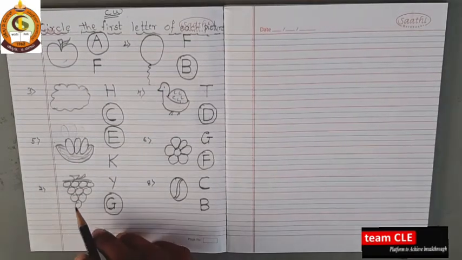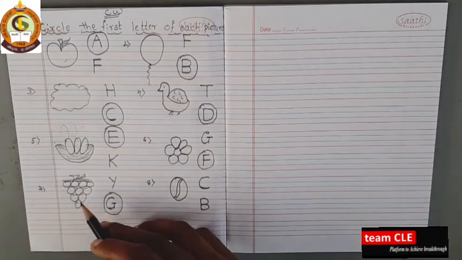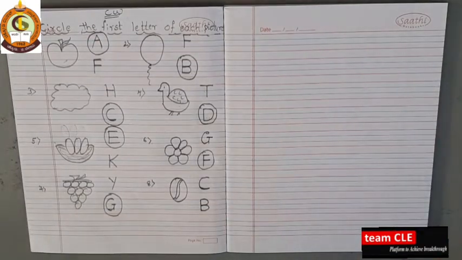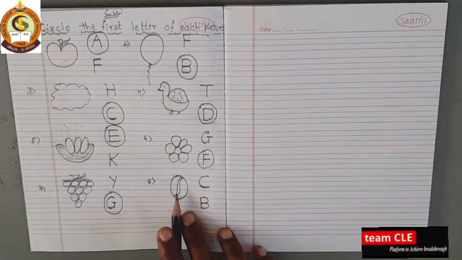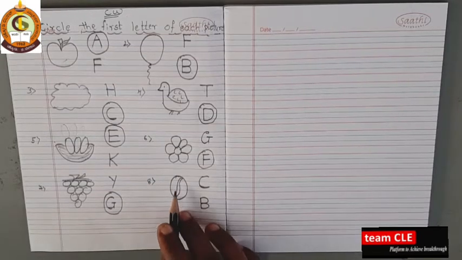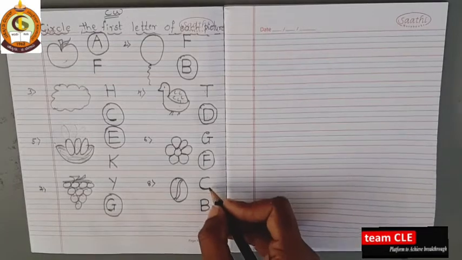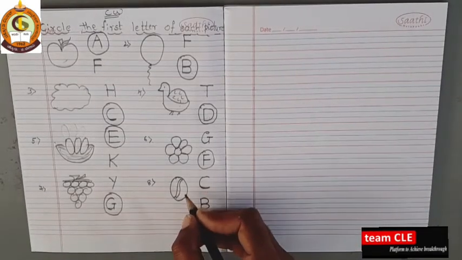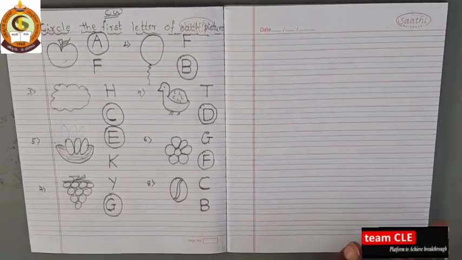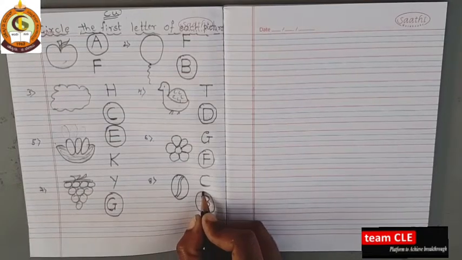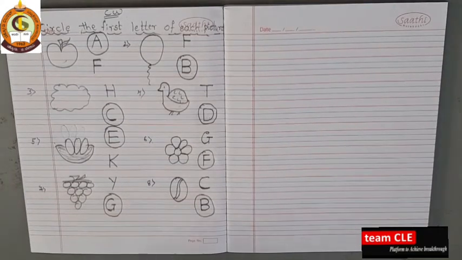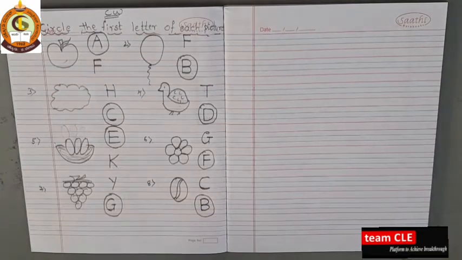Next picture is ball. What is the first letter, C or B? B for ball. So the correct answer is B. Ball's first letter is B. B for ball.